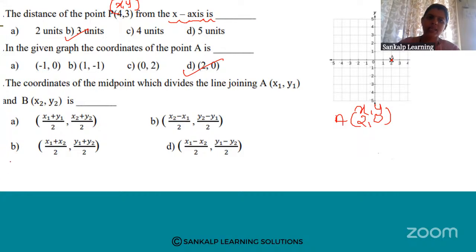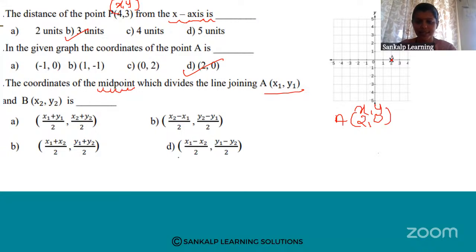Next, the coordinates of the midpoint which divides the line joining A(x1, y1) and B(x2, y2). They have asked for the midpoint here.